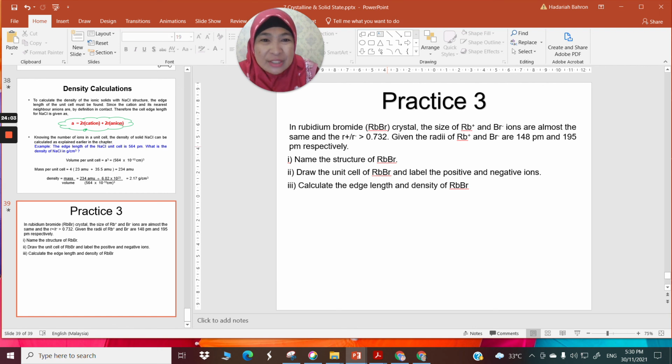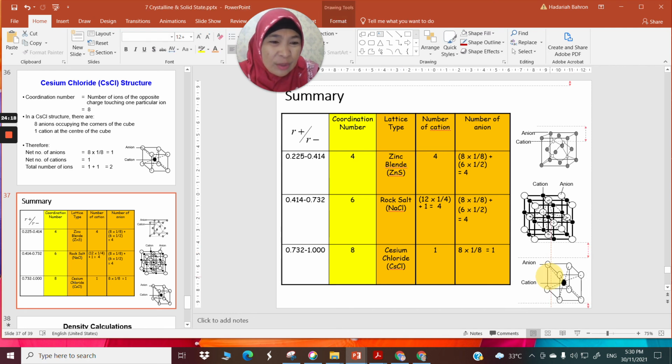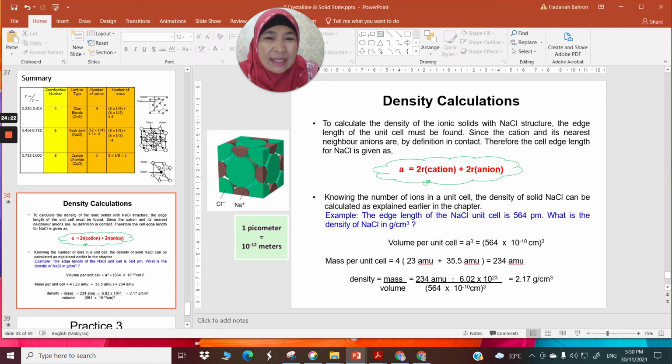So what is this information telling us? Go back here. When it is bigger than 0.732, then it's going to assume a cesium chloride lattice type, and this is what the drawing of your unit cell will look like.